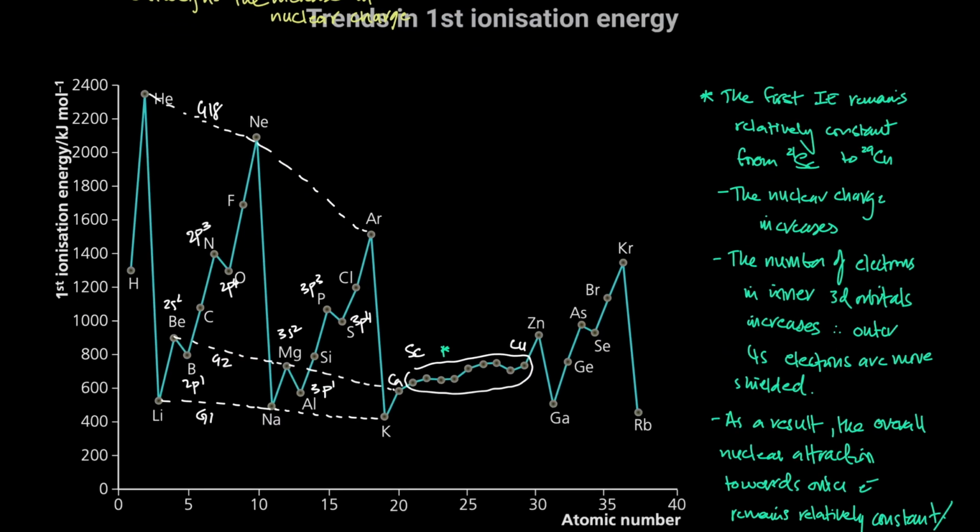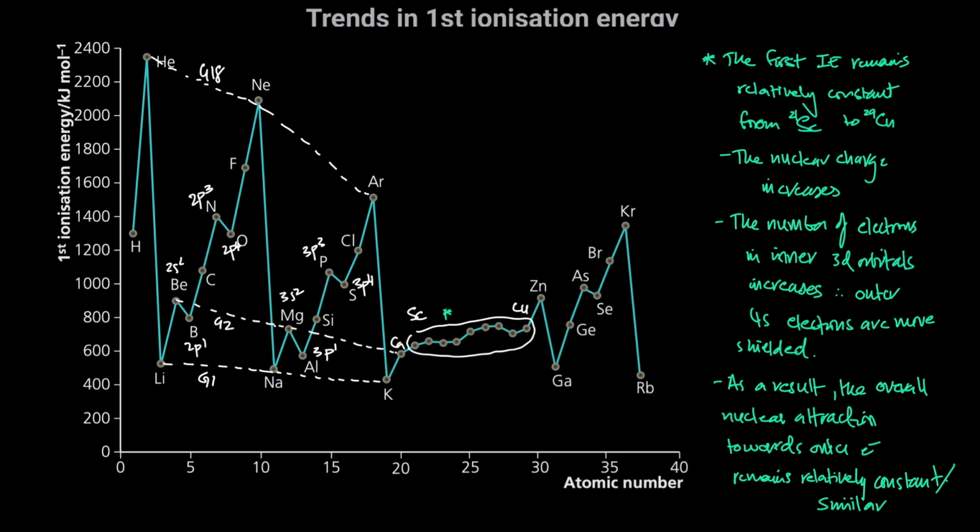So to summarize, there are essentially three exceptions in the first ionization energy, right? When you go from group 2 to group 13, the increase in shielding due to s orbital electrons of the p orbital electrons outweighs the increase in nuclear charge.